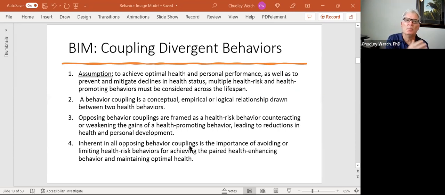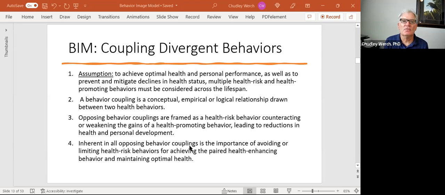In other words, you can couple physical activity with avoiding alcohol or marijuana use. And the assumption here is that to achieve optimal health and personal performance, to maintain health and reduce declines, we really need interventions that address health risk and health promoting behaviors across the spectrum, across our lifespan.